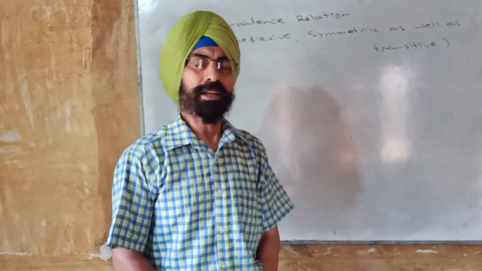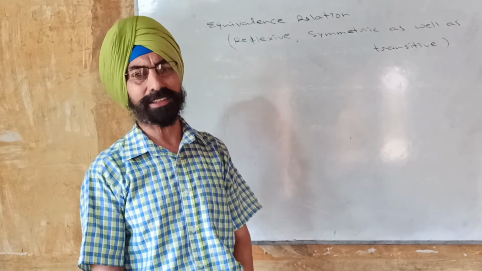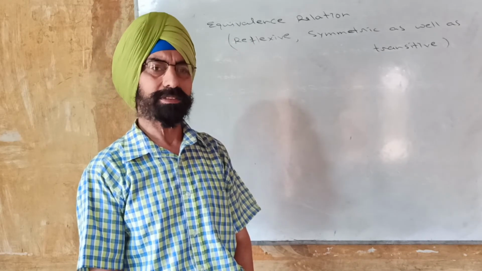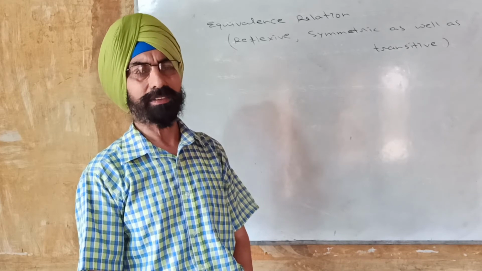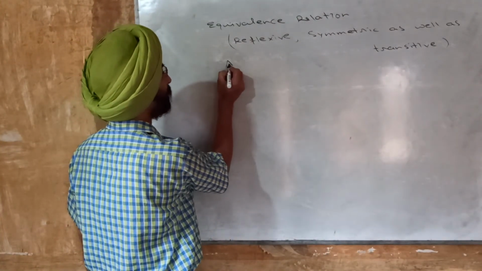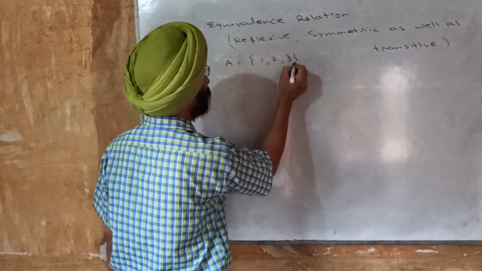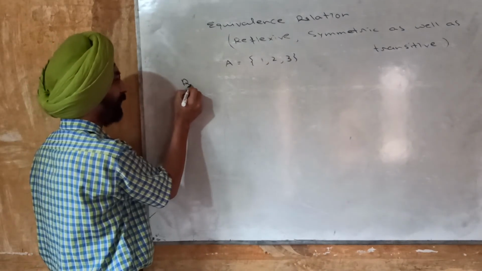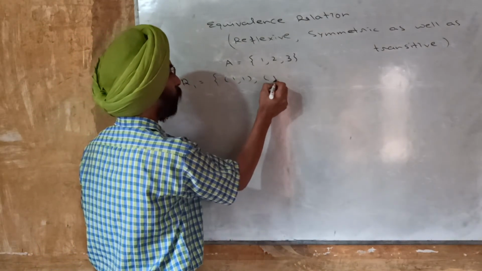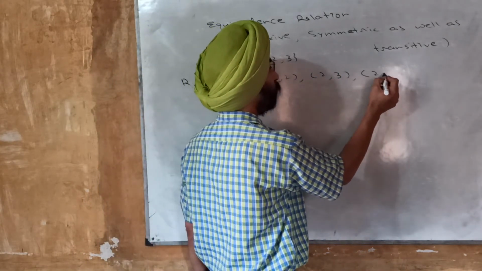Before ending this video, I am going to give you some exercises to check whether these relations are reflexive, symmetric, transitive or equivalence. So write down some of the examples, some of the questions. Let A be the set containing 3 elements 1, 2, 3. I am writing a relation R1 containing (1,1), (1,2), (2,3), (2,2).